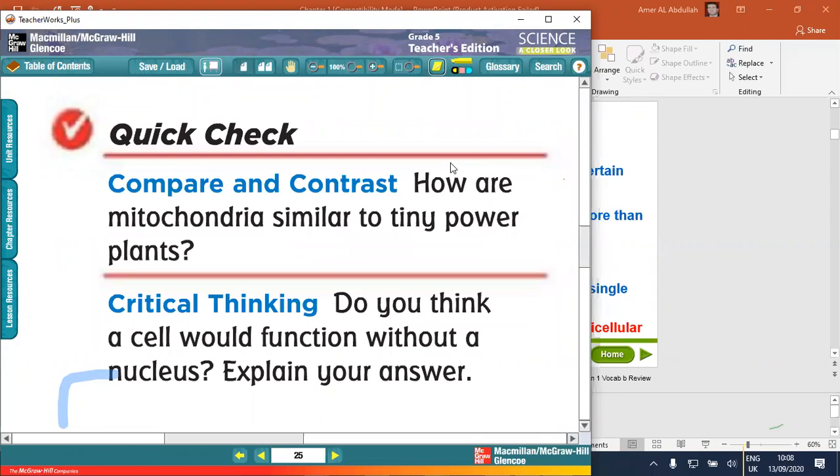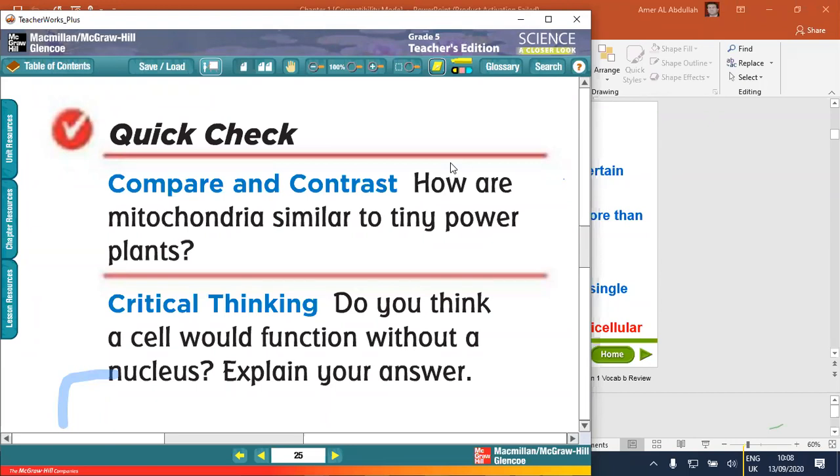Compare and contrast: how are mitochondria similar to tiny power plants? We have talked about this point before. What is the similarity between mitochondria and power plants?